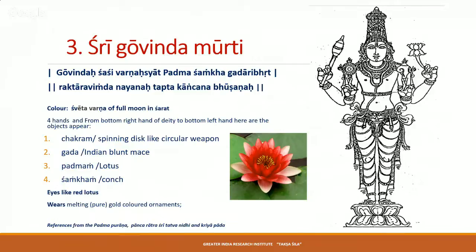I'm sorry, the Vama Parahasta, the top left hand, is holding the lotus, and the bottom left hand is holding the conch, Shankham. These are the Chaturbhujas of Govinda.